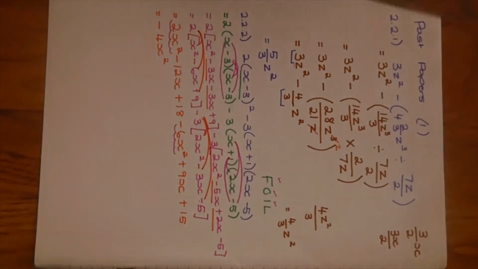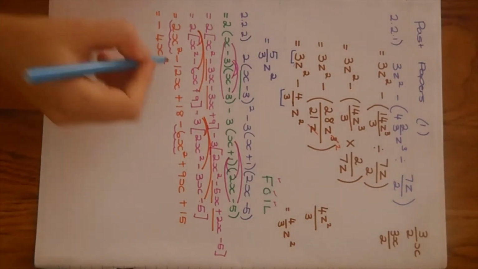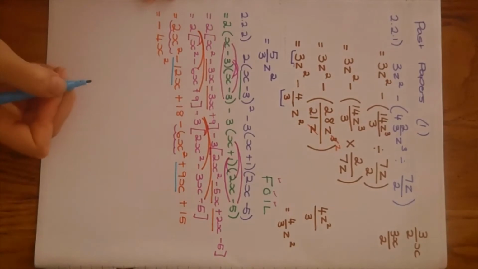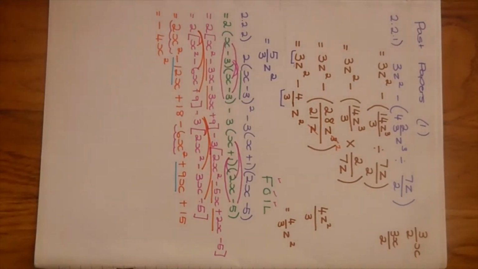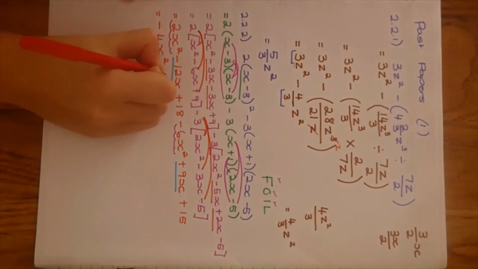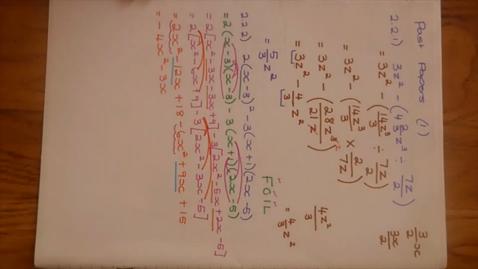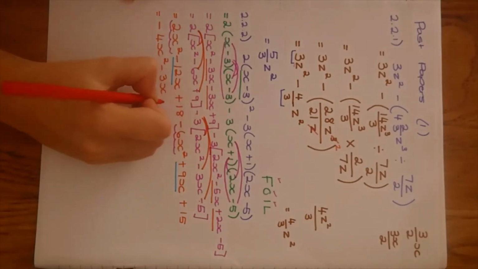Okay, so that's that one done. Then, minus 12x plus 9x is what? It's going to be minus 3x. And then lastly, 18 plus 15 is going to be 33.